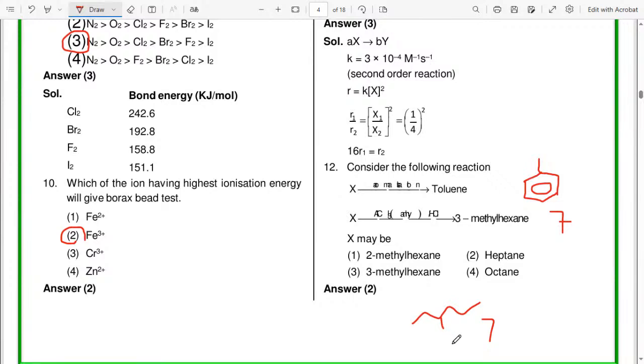So this upon reaction, no. So it is nothing but heptane, students. 1, 2, 3, 4, 5, 6, 7. So this upon cyclation gives toluene, and upon acid reaction it is going to give 3-methyl, or it can give 2-methyl also, students. So 2-methyl hexane or 3-methyl hexane. So option 2, that is heptane, is the correct option, students.